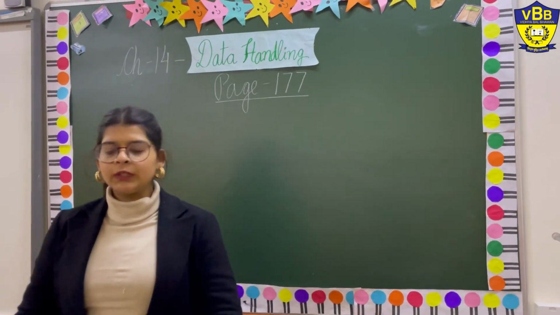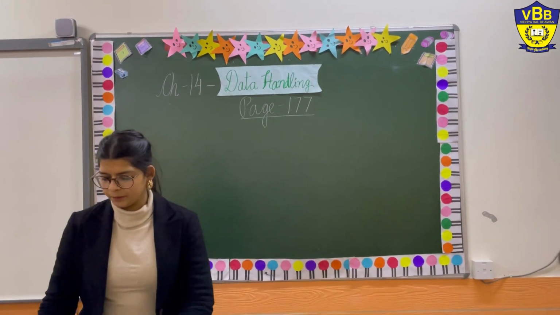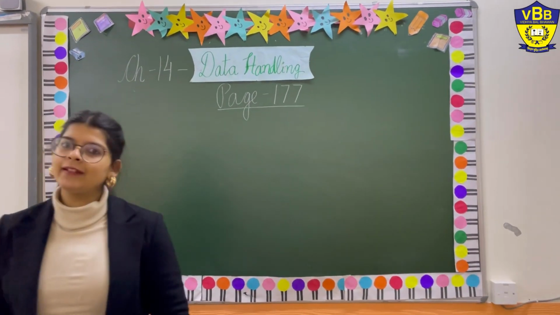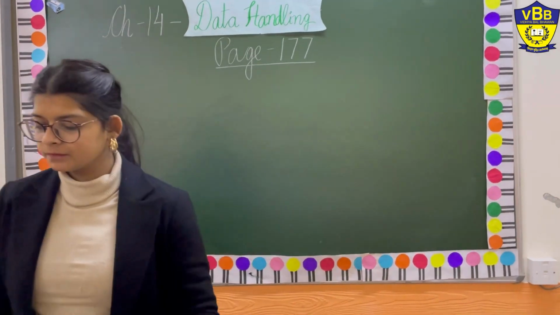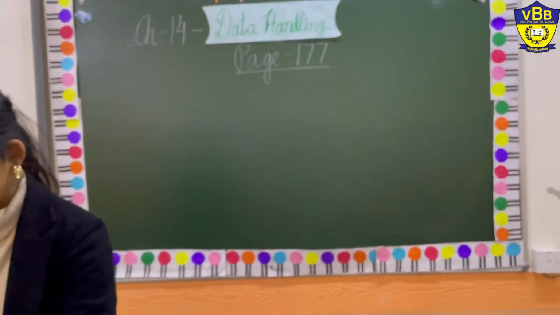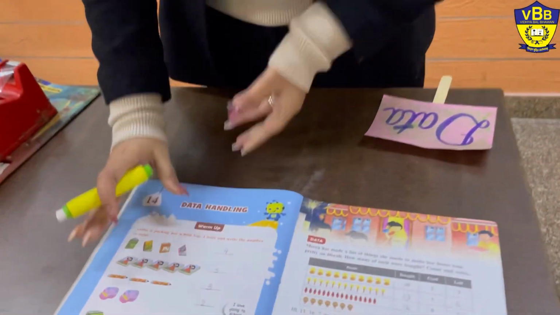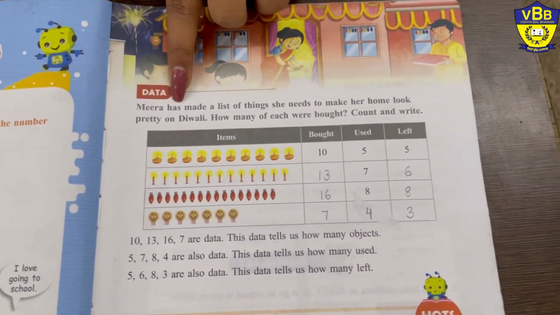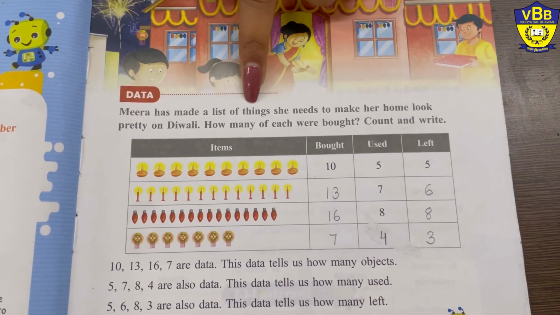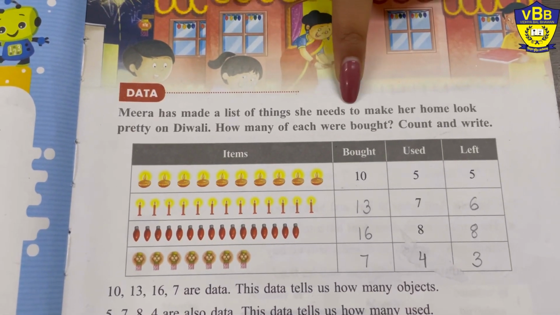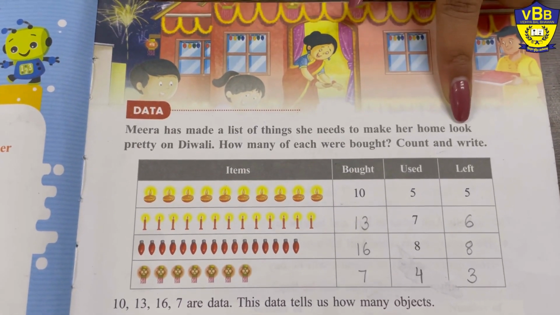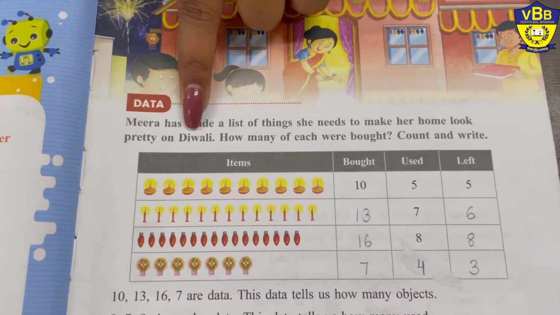Now let's move to our today's question. As I am reading the question for you all, Meera has made a list of things she needs to make her home look pretty on Diwali.